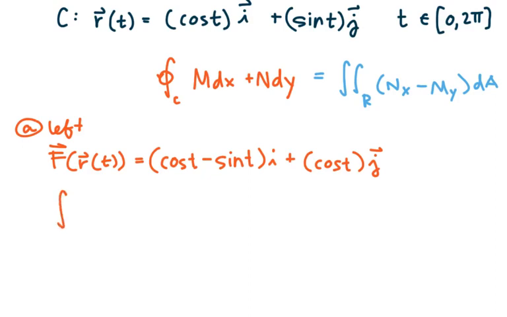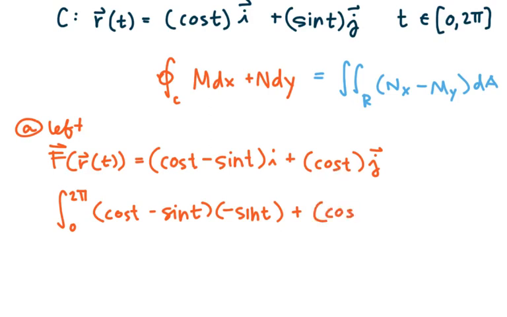This is going to be the integral from 0 to 2 pi. M, I have cosine t minus sine t. The derivative of x, that's going to be negative sine t, plus N is cosine t, and my dy value is going to be cosine t dt.